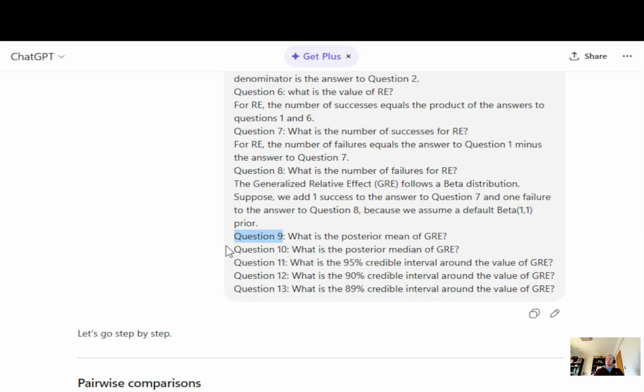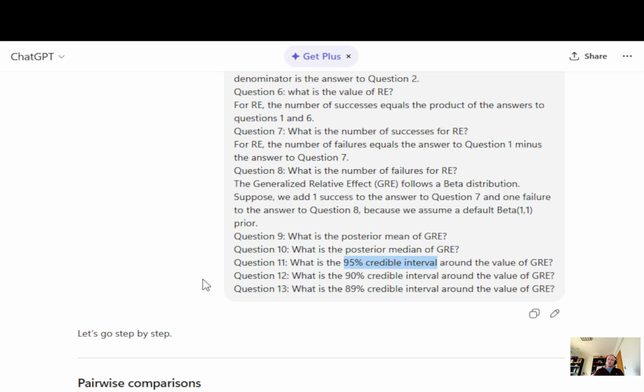Every posterior distribution also has measures of central tendency. So here we can ask what's the posterior mean of GRE and what's the posterior median of GRE. Usually the credible intervals are calculated around the posterior median. Some people advocate for a 95% credible interval, since that is most comparable with a 95% confidence interval.